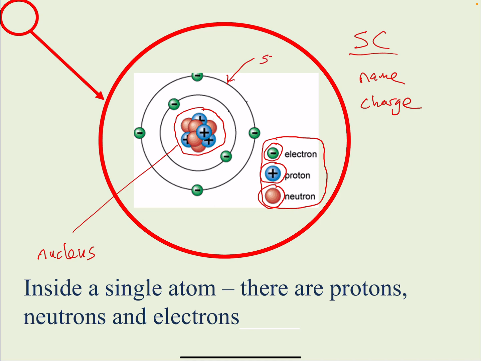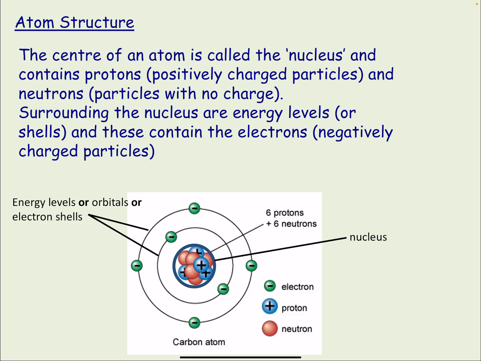From now on we're going to call them shells, the electron shells. That's where the electrons are found. So we've actually ticked off quite a few things already for the success criteria. We've gone over the name, we've gone over their charge, and we've gone over their location, where they can be found.